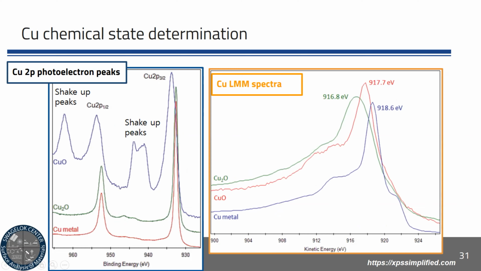And you can see that the copper 2 oxide can be differentiated from the copper 1 and copper metal because the photoelectron peak position is different. And you also have something called shake-up peaks. But just using the photoelectron peaks, you can't differentiate between the copper 1 oxide and copper metal. In this case, you can use the copper Auger to differentiate between the copper 1 and copper metal species.